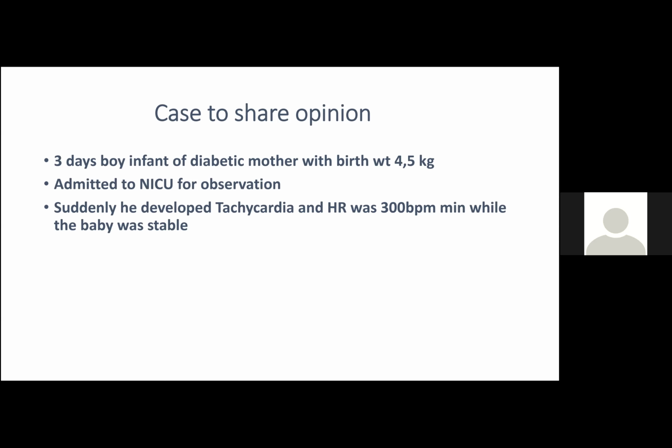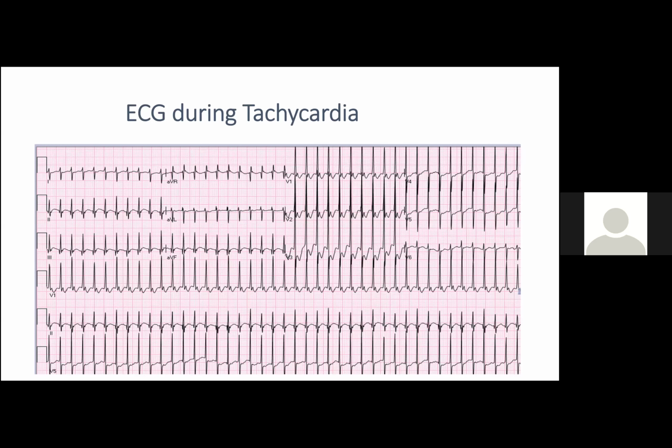This case is a 3-day-old boy, infant of a diabetic mother with birth weight of 4.5 kilograms, admitted to the NICU for observation. Suddenly he developed tachycardia with heart rate of 300 beats per minute, while the baby is stable. So this is the ECG.